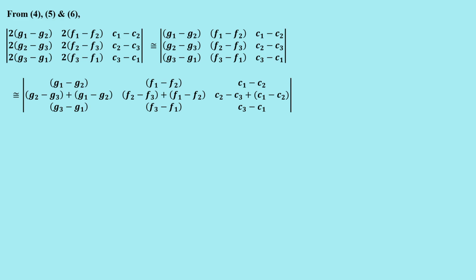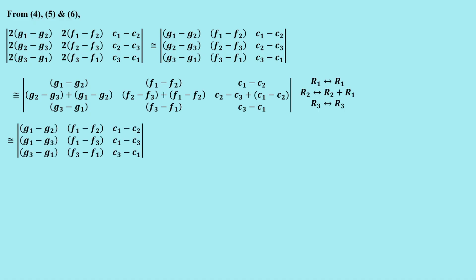Now, keeping the first row as it is, g1 minus g2, f1 minus f2, c1 minus c2, the second row can be written as the second row plus the first row, right? So g2 minus g3 plus g1 minus g2, f2 minus f3 plus f1 minus f2, c2 minus c3 plus c1 minus c2. Keep the third row as it is, g3 minus g1, f3 minus f1, c3 minus c1. We are doing these operations, right?